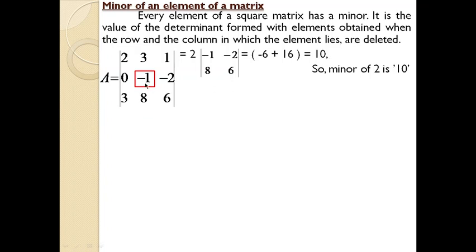Okay. Next, we are selecting -1. Whenever you select an element within a matrix, the row in which that particular element lies is cancelled, and the column in which that element lies is also cancelled.